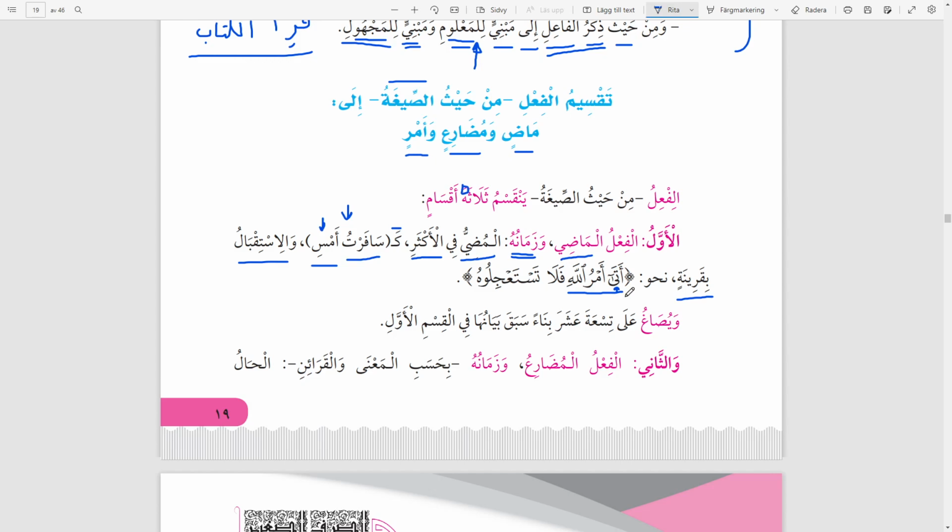But this is past tense, أتى. But here you have the indication that the intended meaning is actually future tense. فلا تستعجلوه. So do not rush it.